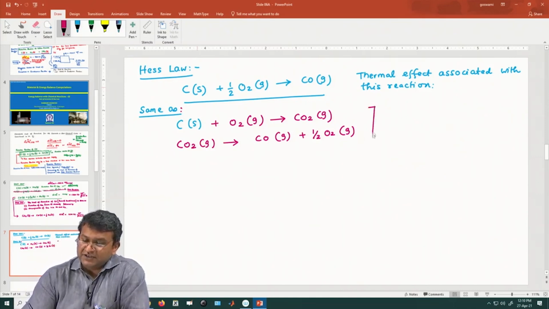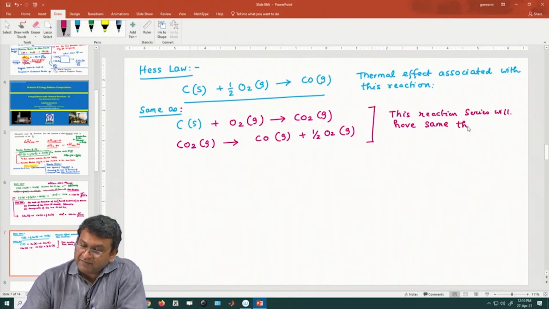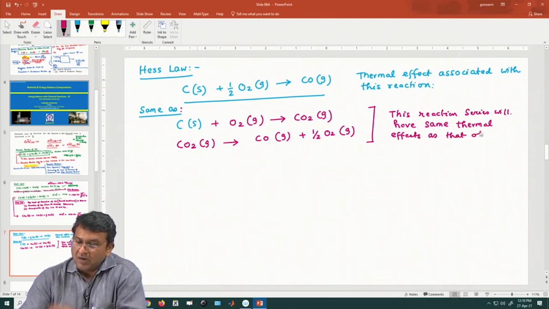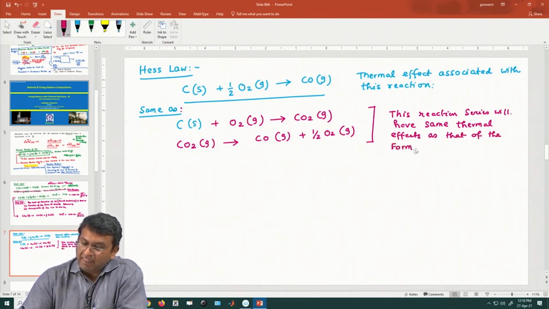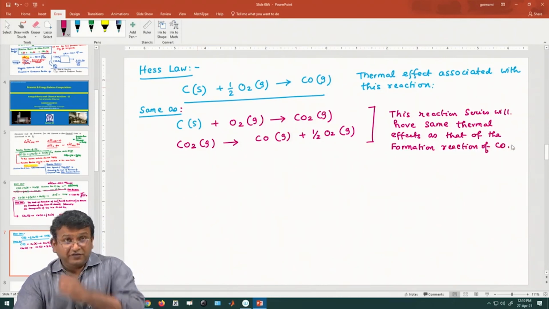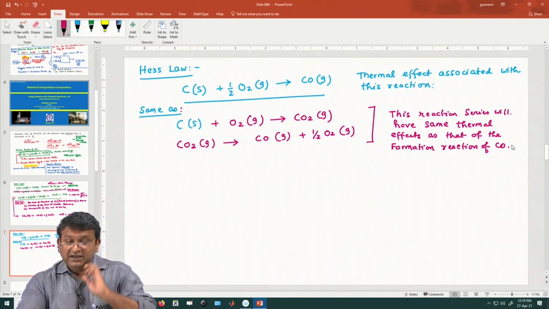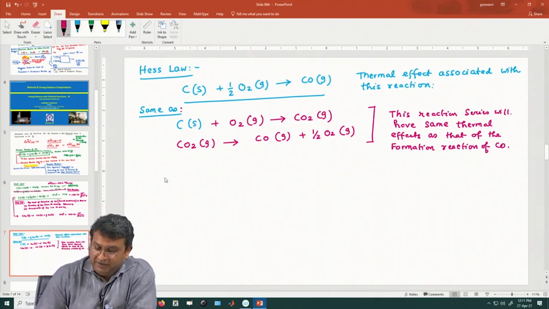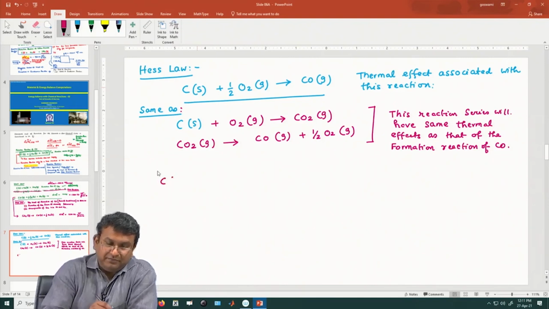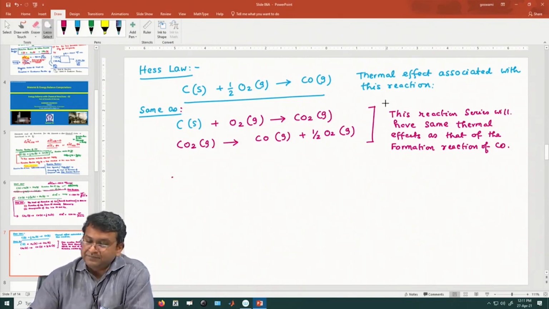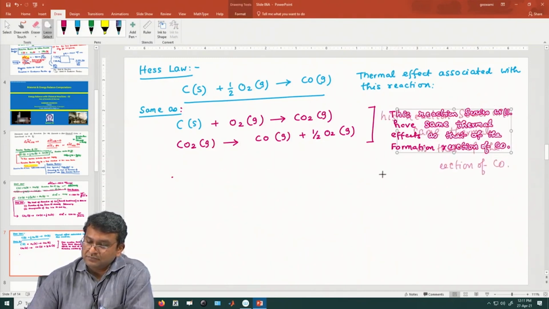So, this reaction series will have the same thermal effects as that of the formation reaction of CO, right. This is what Hess law says.